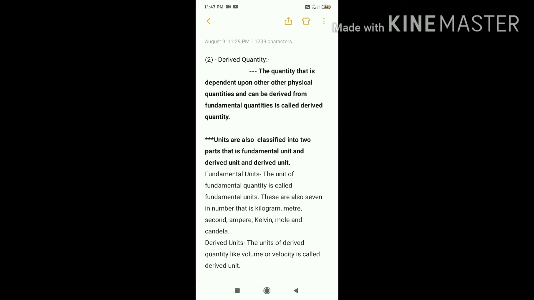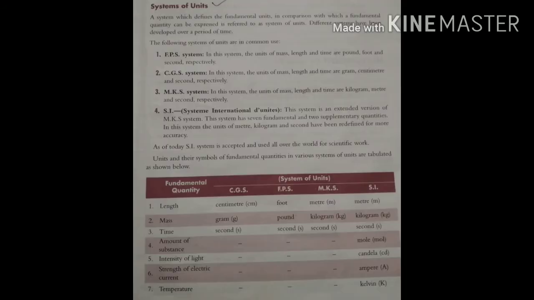There were 7 fundamental quantities, so there are 7 fundamental units also. They are meter for length, kilogram for mass, second for time, ampere for electric current, mole for amount of substance, candela for luminous intensity, and Kelvin for temperature. So we have completed this topic.